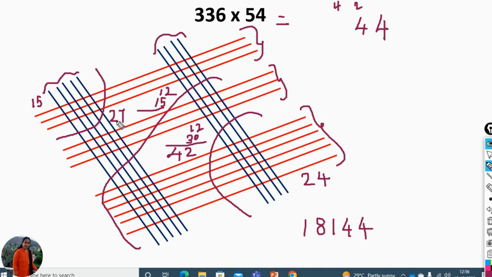Next is 27. 27 plus 4 is 31. Balance is 3. Next is 15. 15 plus 3 is 18. So we got the same value. So LCM into HCF is equal to the product of two values. Okay, children, can you understand? If you have any doubts, you can comment to me. So next, let us go to the next problem.